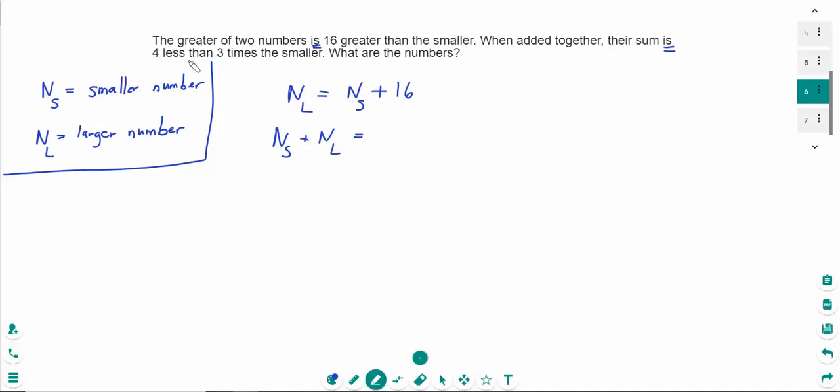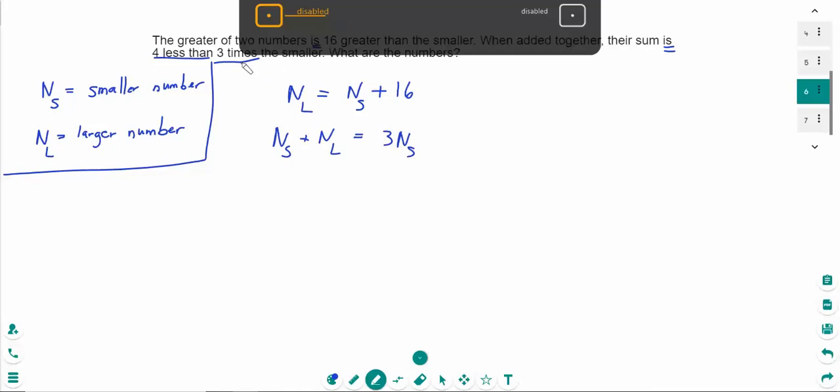Let's ignore the 4 less than and the 3 times for now, and just look at the smaller. The smaller number plus the larger number is going to be equal to, not just the smaller number, but 3 times the smaller number, 3 times n sub s.